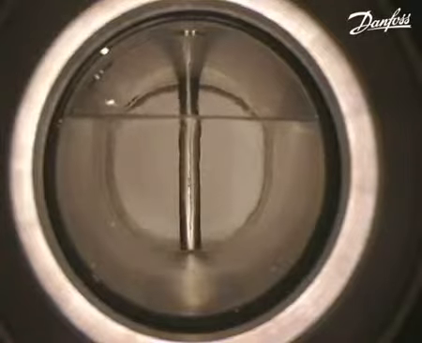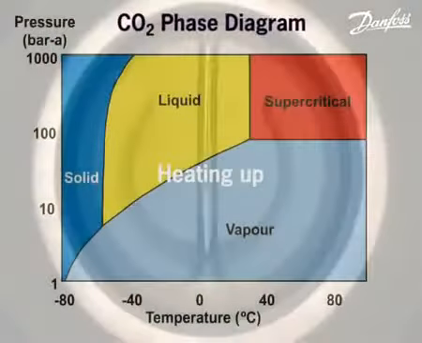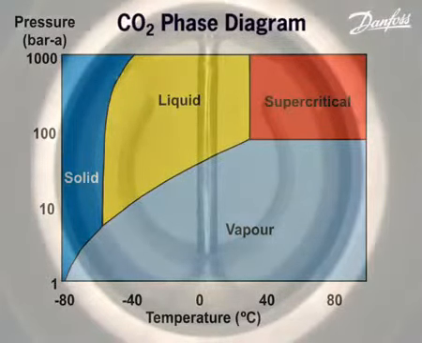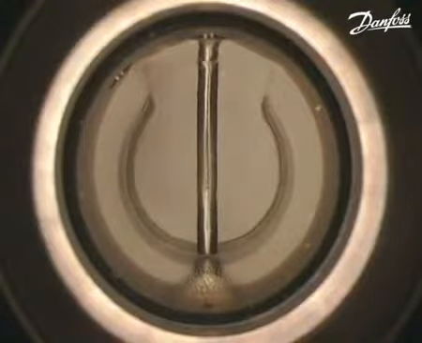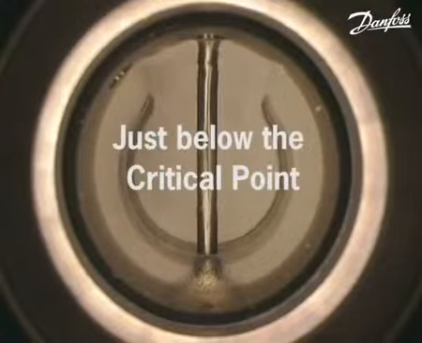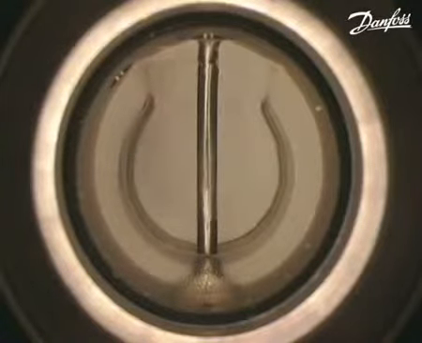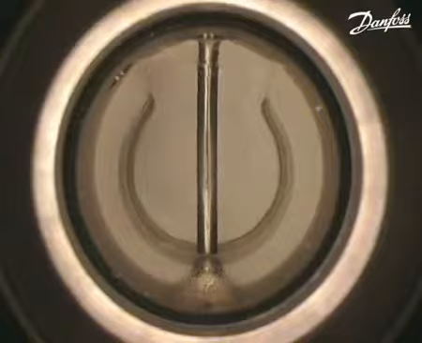The temperature of the liquid CO2 increases with a consequent increase in pressure as the liquid CO2 boils. The CO2 vapor density above the liquid increases as the temperature and the pressure increase, and the distinction between the two phases disappears.